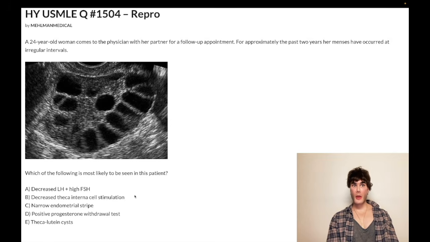Okay, so if you have poor follicular development, rather than getting a ruptured Graafian follicle and the follicular remnant, what do we call that? I'm asking you. It's called a corpus luteum. So if you get poor follicular development, you're not going to get a ruptured Graafian follicle. You're not going to get a corpus luteum. Now, the corpus luteum normally secretes what? I'm asking you.